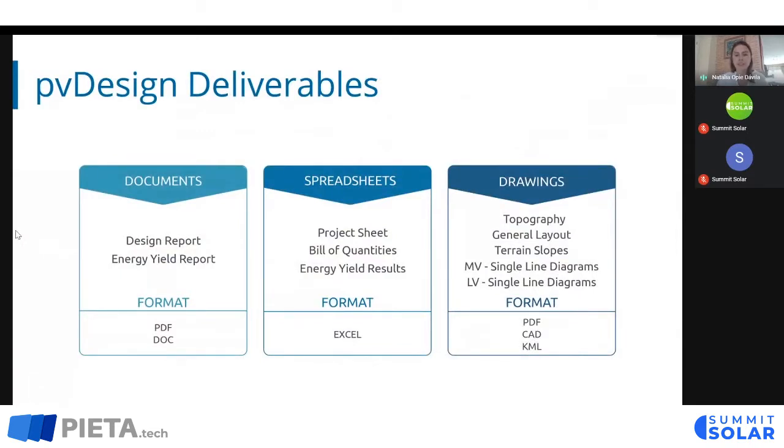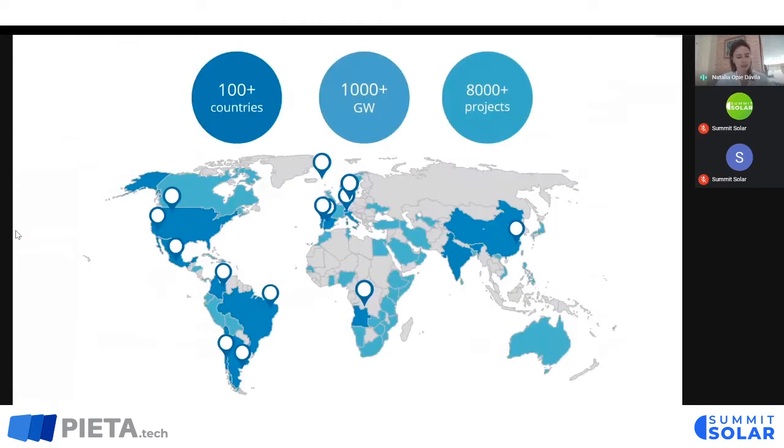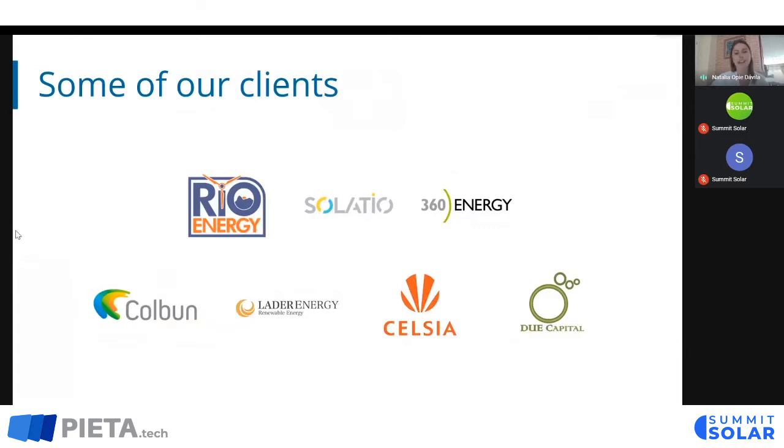We offer 4 different languages: Spanish, English, Portuguese, and French. Currently, our software has been used in more than 100 countries by our customers, and more than 1,000 gigawatts have been simulated using our software. Some of our clients in Brazil and in other places of Latin America include the companies you can see in this slide.